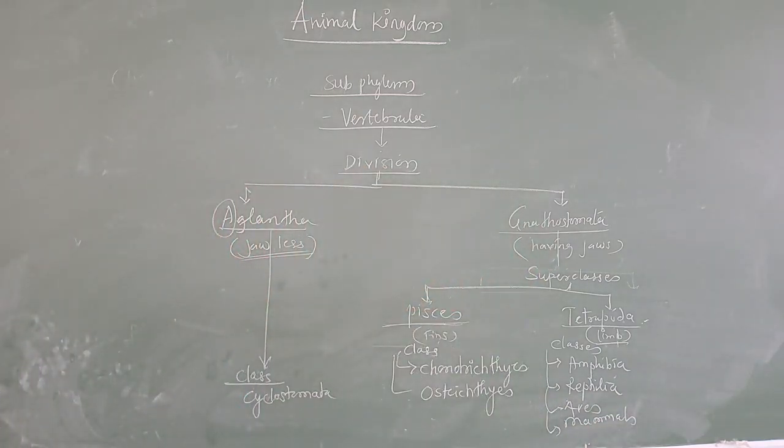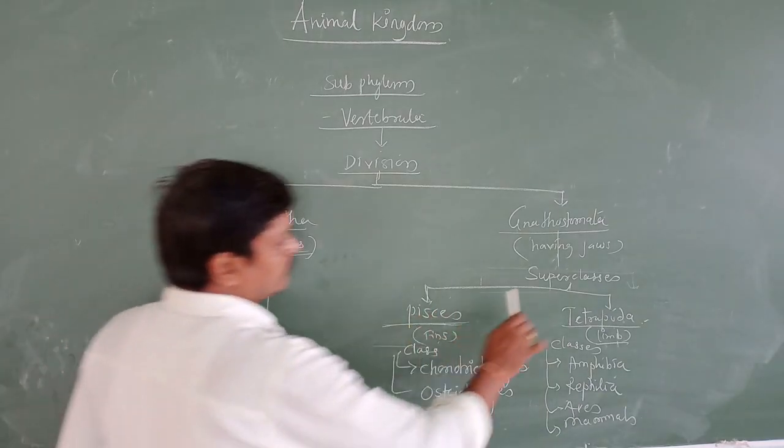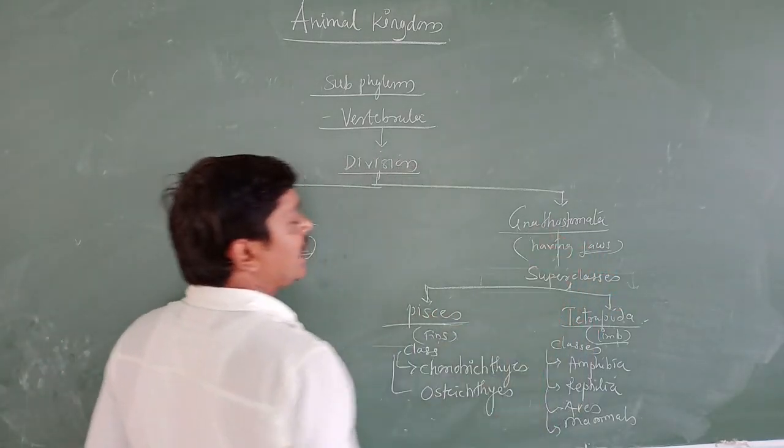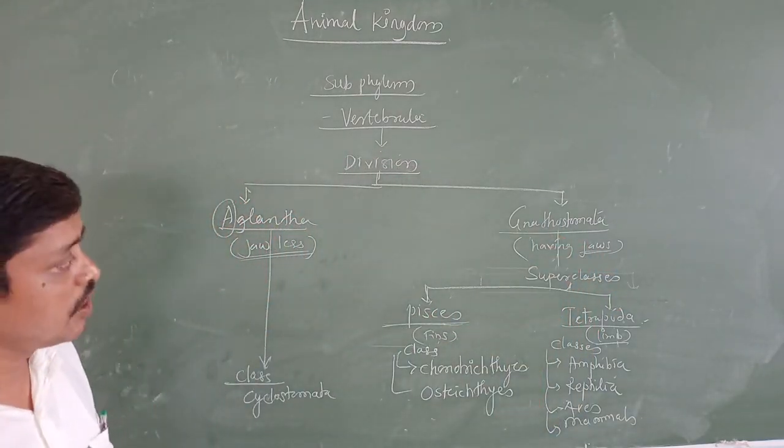What I told you here? In Agnatha, there is only one class, that is Cyclostomata, and we studied about the Gnathostomata. Gnathostomata are the animals which have jaws.